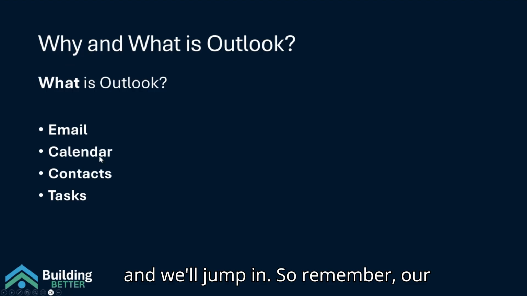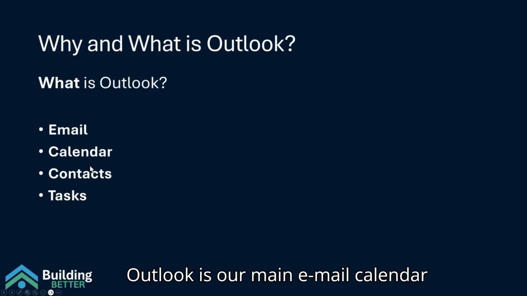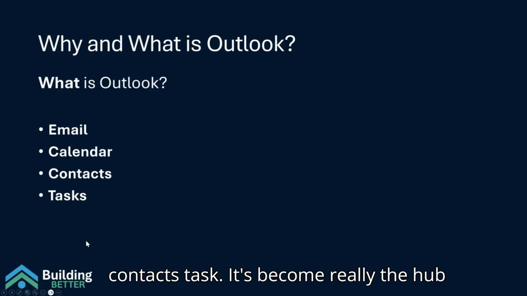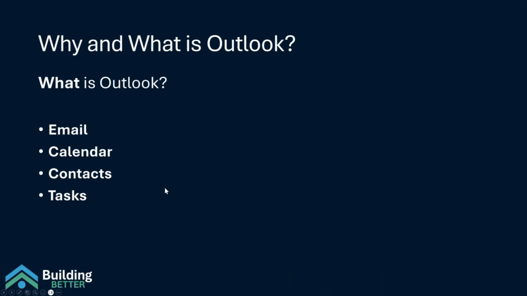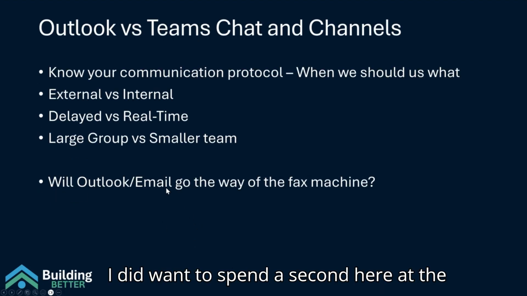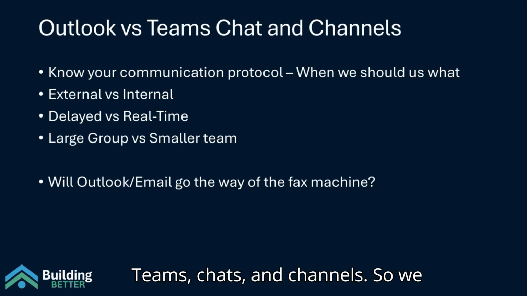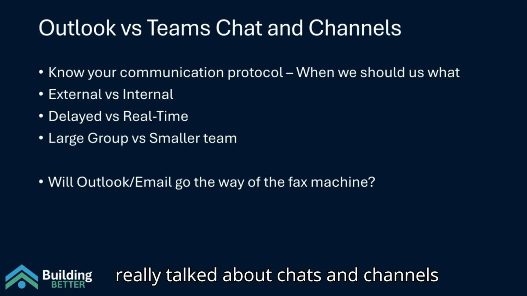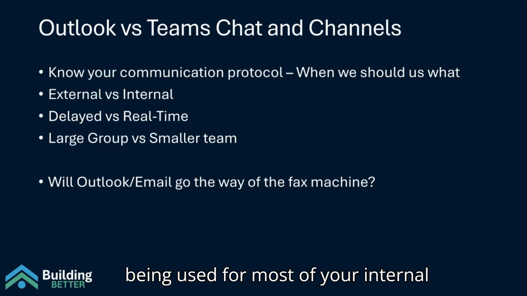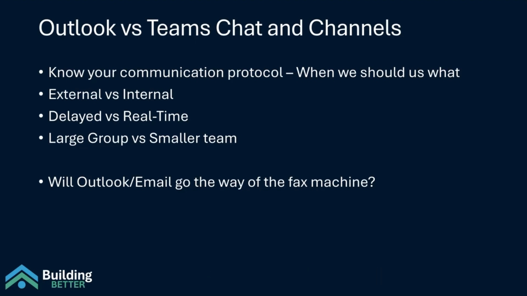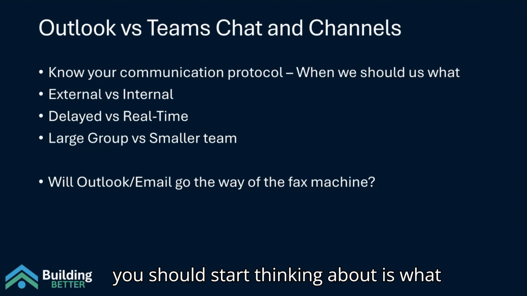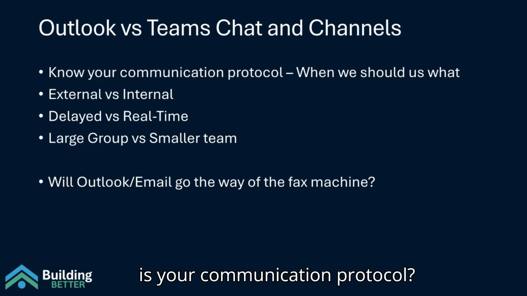So remember, Outlook is our main email, calendar, contacts, and tasks. It's become really the hub of everything. I did want to spend a second here at the beginning to talk about Outlook versus Teams chats and channels. We really talked about chats and channels being used for most of your internal communication. What you should start thinking about is, what is your communication protocol?